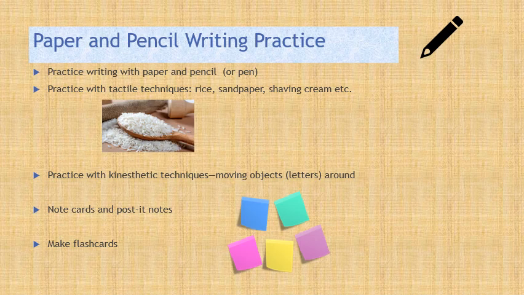Other things that you can do are paper and pencil writing practice. So you can practice writing with your pen. You can practice with tactile techniques. That means something that you can feel. So you can write the letters in rice or sandpaper or shaving cream, etc. You can also practice with kinesthetic techniques, moving the objects or the letters around.